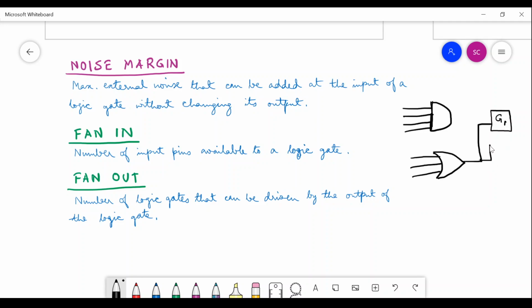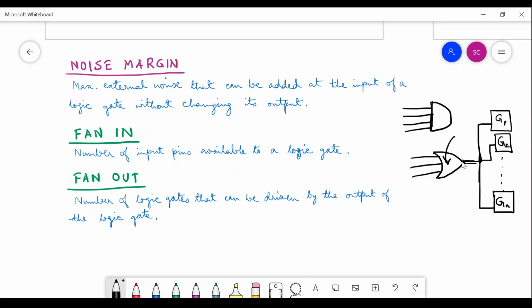You can wish to connect the same output to some other gate, and likewise to so many gates. So how many gates you would be able to connect the output of this particular gate to is the fan out of this gate.